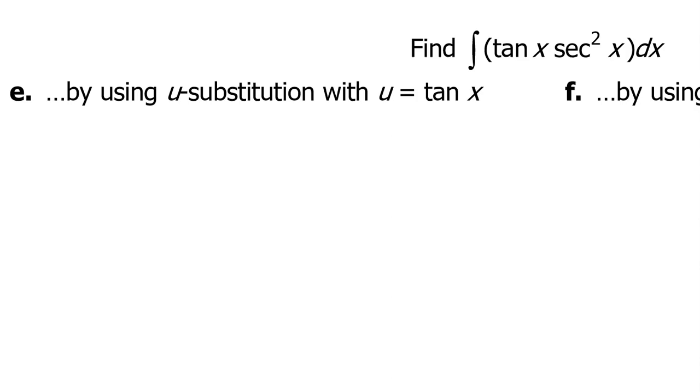For part E, let's let u equal tangent x, which means that u prime will equal secant squared x. Let's go ahead and rewrite the integral with that substitution. So instead of tangent x, we now have u.